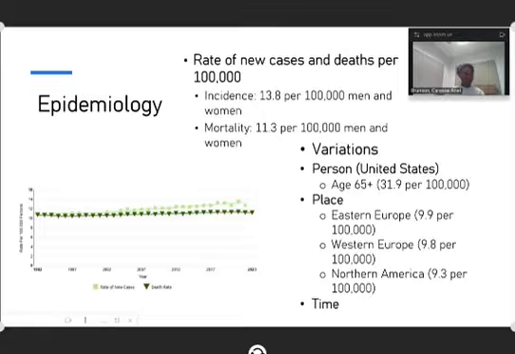For age variation of pancreatic cancer, the age-stratified analysis in the article found that those over the age of 65 showed the highest trend of incidence, which was 31.9 per 100,000.